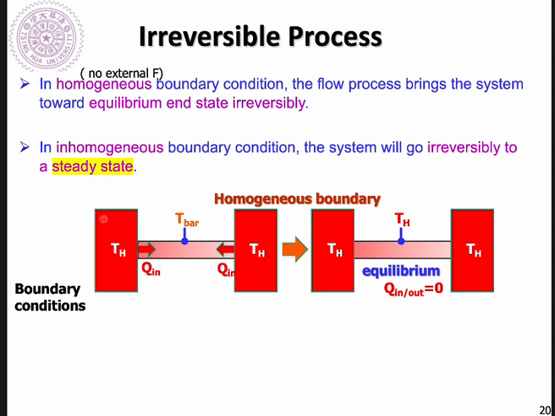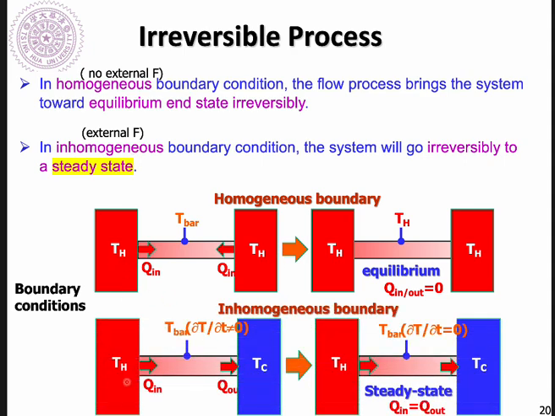However, if we do have an inhomogeneous boundary condition, the system has a chance to go irreversibly to steady state. What does inhomogeneous mean? Compared to homogeneous, we can expect that there's an external driving force. So in this case, I put the heat reservoir on the left-hand side and a cold reservoir on the right-hand side of this metal bar.